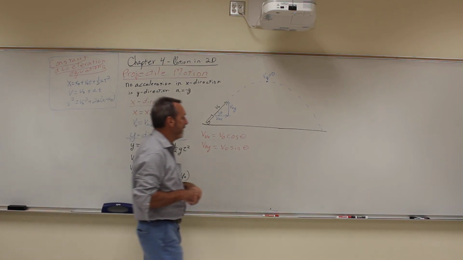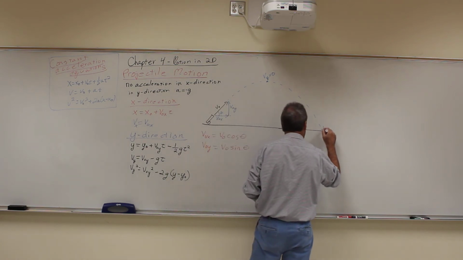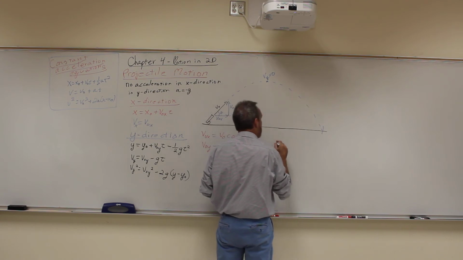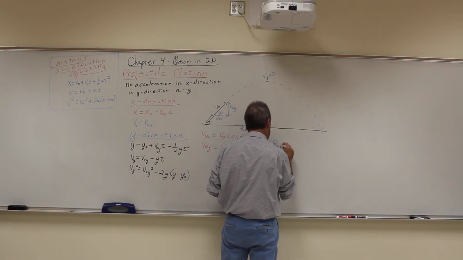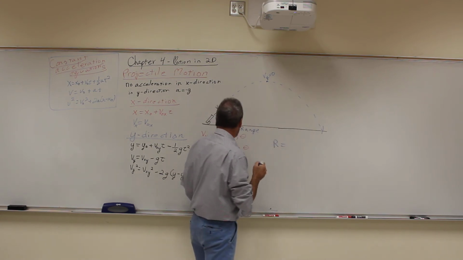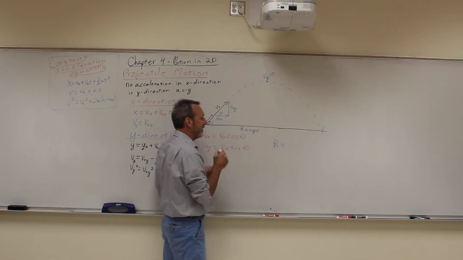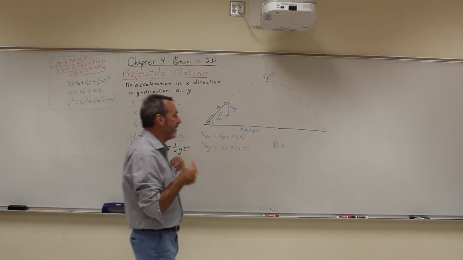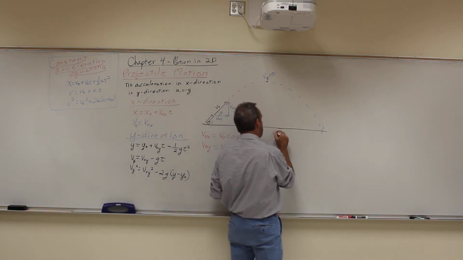Yeah? Now we also can calculate something called the range. The range is the distance a projectile goes, but you can only use this equation if the launch and landing are at the same height.